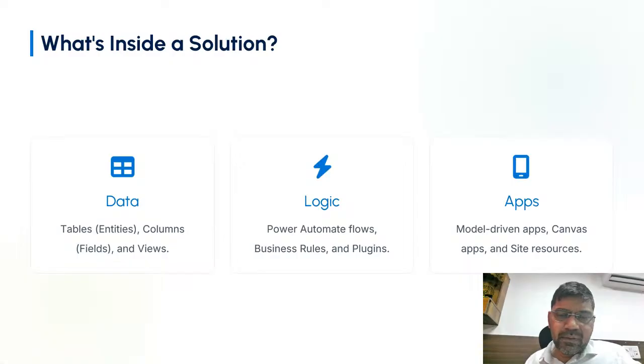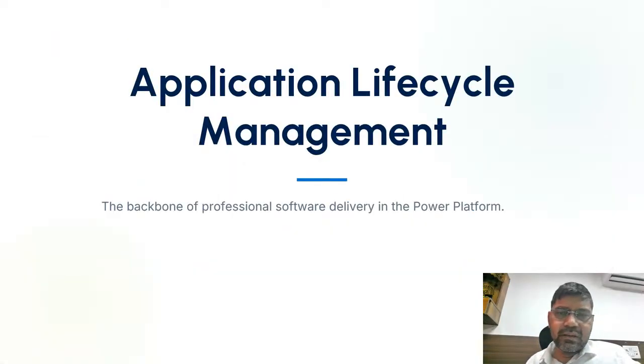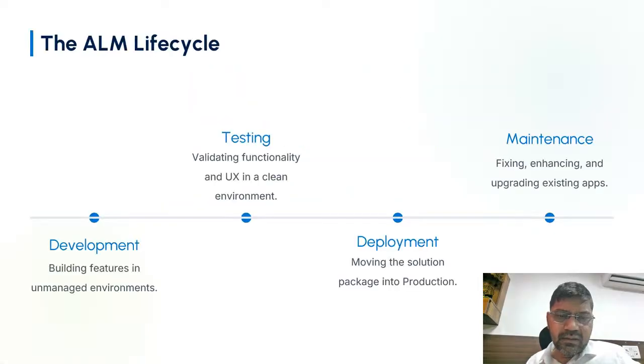Tables, we may have logics, we may have apps inside one solution. Application lifecycle management: here we have development, then testing, then maintenance, fixing, enhancing, upgrading existing apps. So this is the ALM lifecycle.